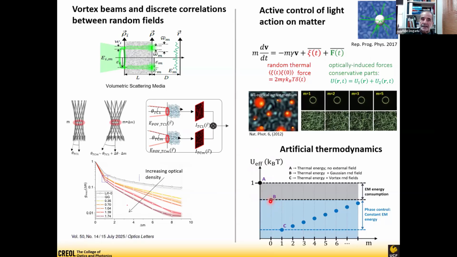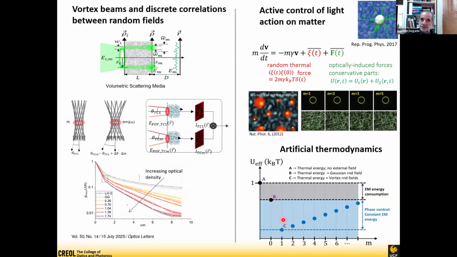So this is an incipient laser trapping in a random field. The effective temperature decreases. Now you apply a random field generated by beams with different topological charges, and you decrease that effective temperature even more.